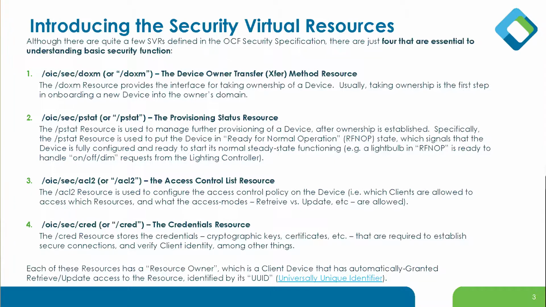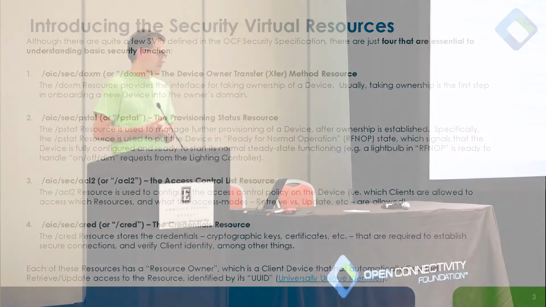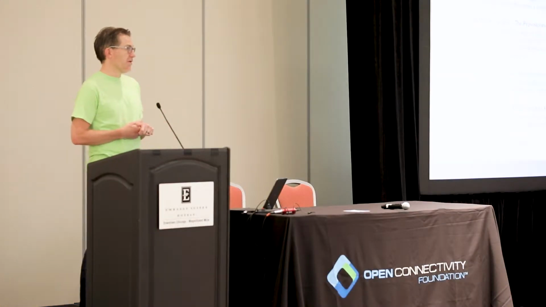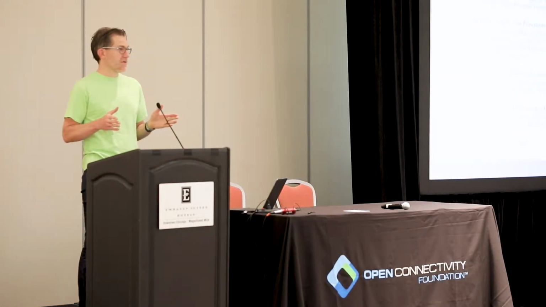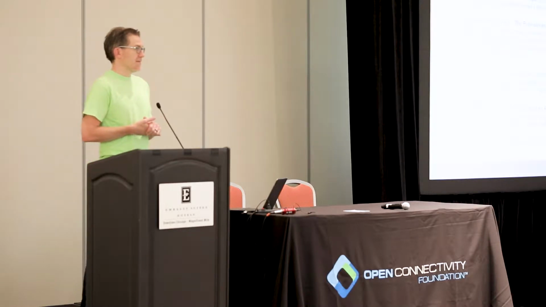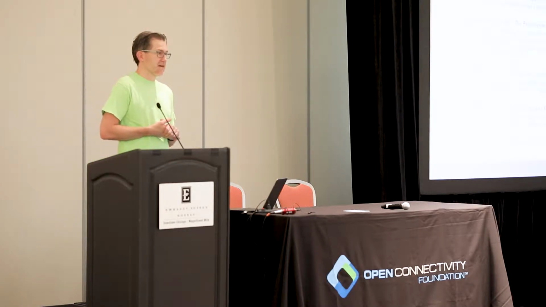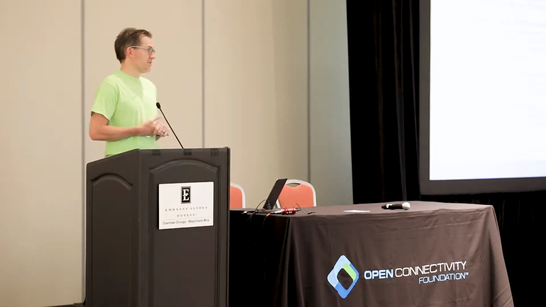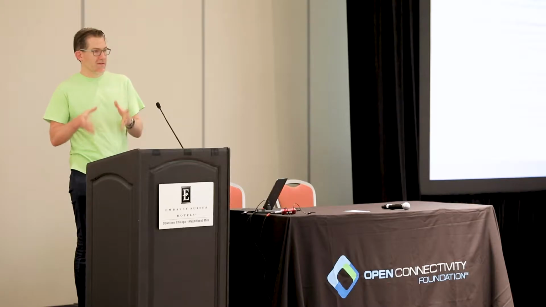I'll show you in each resource that there's an R owner, or it's actually called R owner UUID because it's the UUID of the owner. That owner has privileges to access and configure that resource, and normally those configuration resources are owned and controlled by the onboarding tool, the client application that takes the device from out of box into owned, provisions it, and sets it up for use on the network.